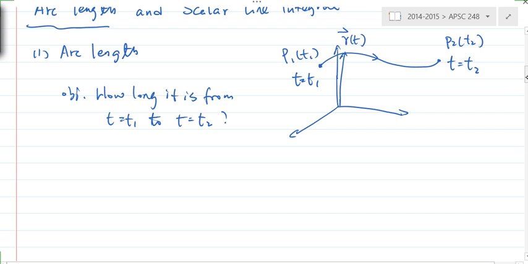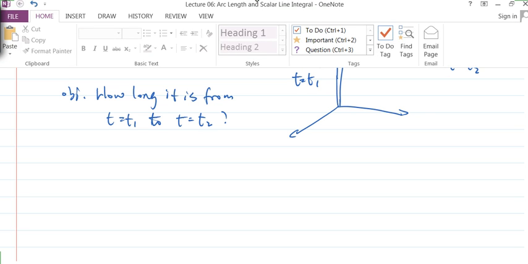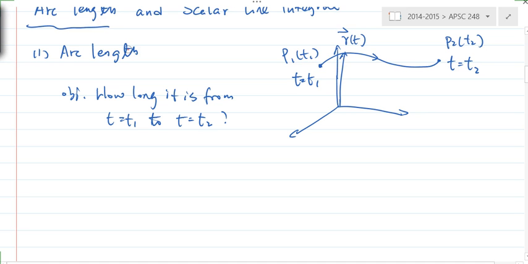So how could we approach this? What I'm going to do is use some approximations first. I'll pick 2 points on the curve. Let's say this is point A and this is point B. For point A, you have a position vector, and for B, you also have a position vector.